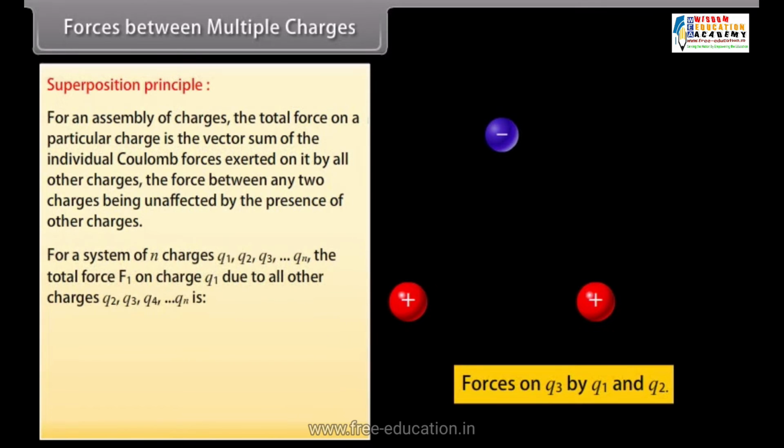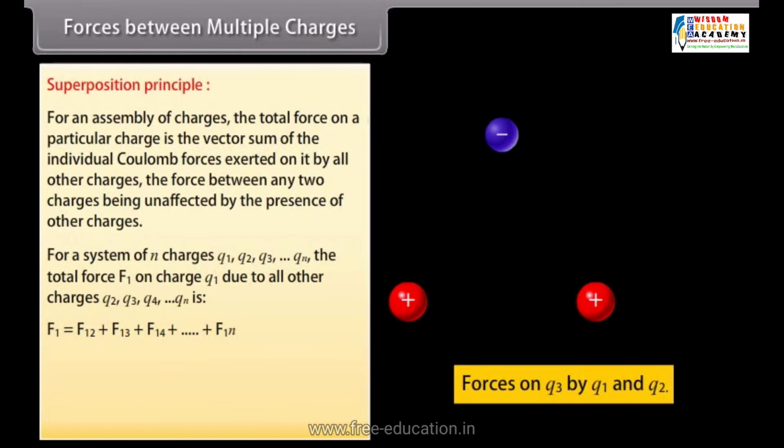For a system of n charges, Q1, Q2, Q3 and so on till Qn, the total force F1 on charge Q1 due to all other charges Q2, Q3, Q4 and so on till Qn is F1 is equal to F12 plus F13 plus F14 and so on till F1n.